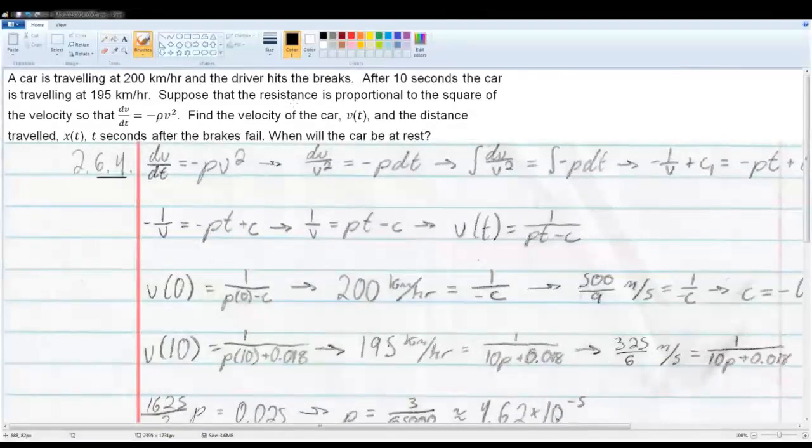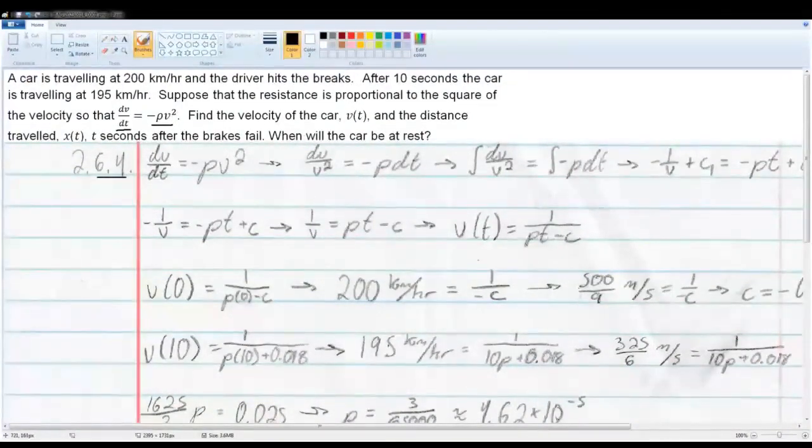Suppose that the resistance, in this case air resistance and from the tires, is proportional to the square of the velocity, so that the time derivative of velocity, which is acceleration, is equal to negative rho v squared. Here rho is what we would typically use k for. It's a rate, and in this case it is the resistance.